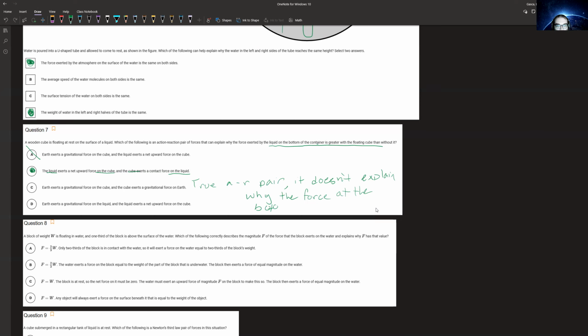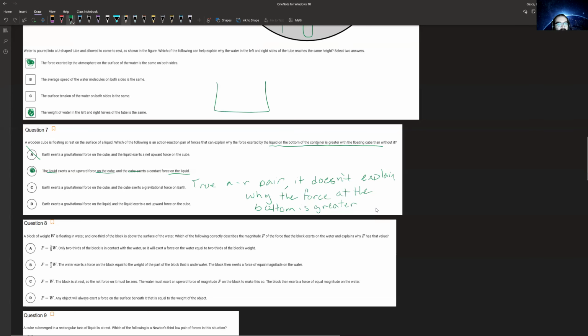In Physics 1, this would have probably been our best answer choice for an action-reaction pair. But again, it doesn't explain why.